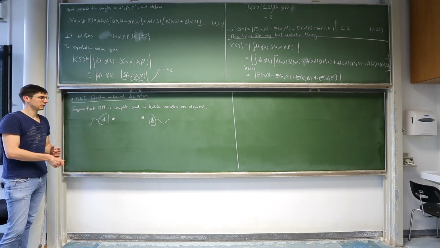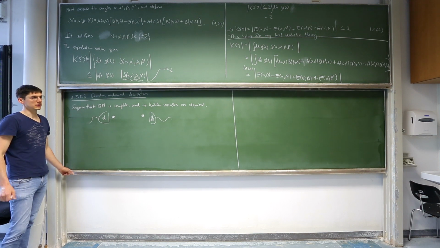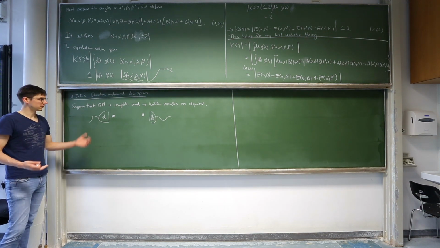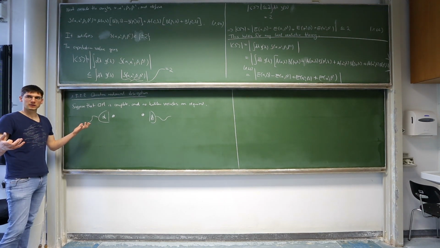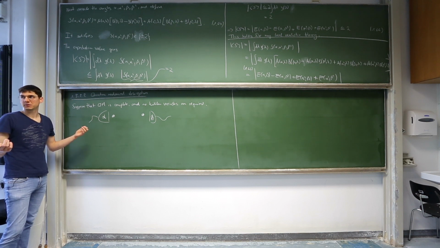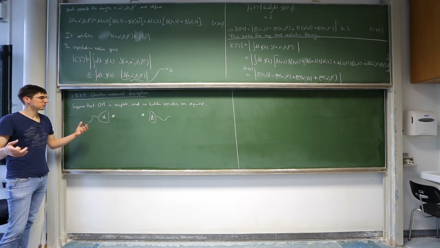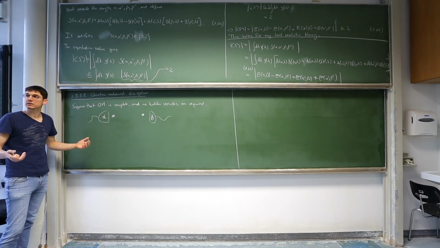Such a setting, where we have a bipartite system, two particles with outcome plus or minus 1, is for example given if we have a Bell state. We have a two-level system, and let's assume they are entangled and in a Bell state.